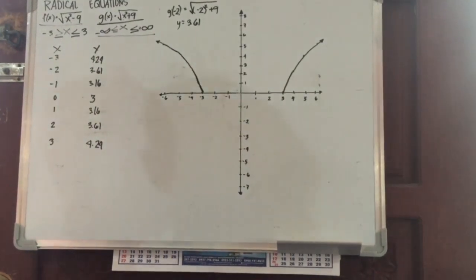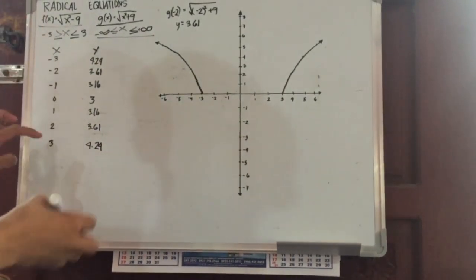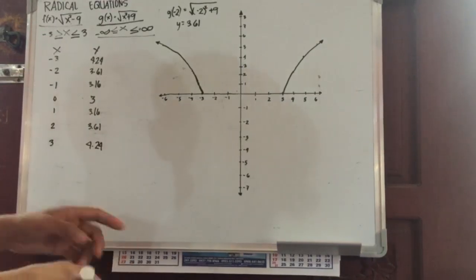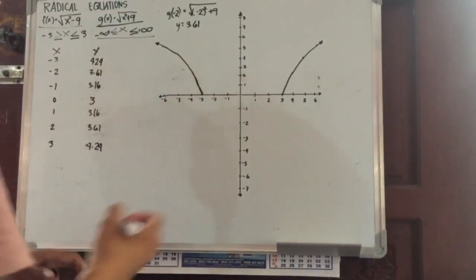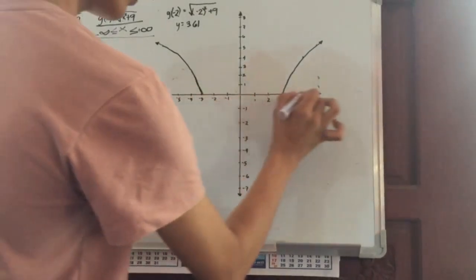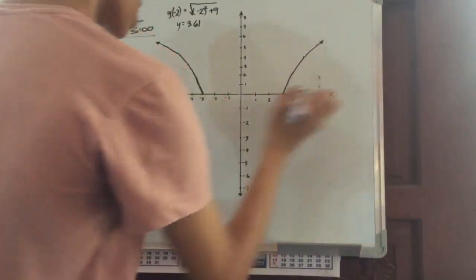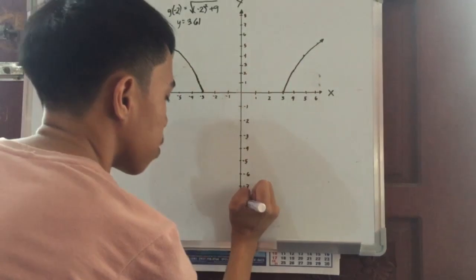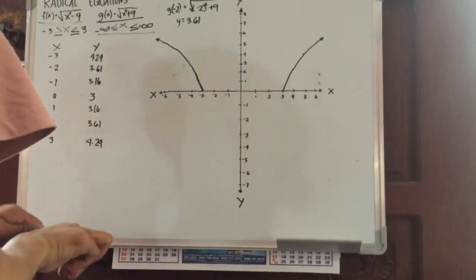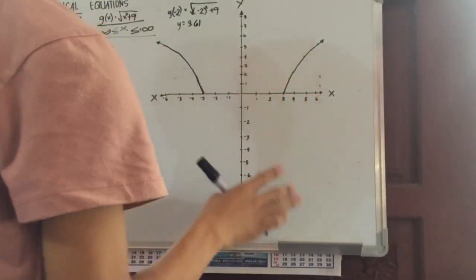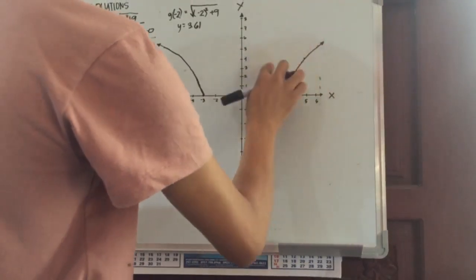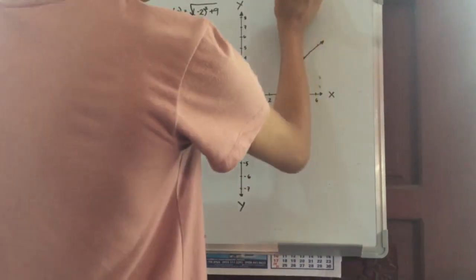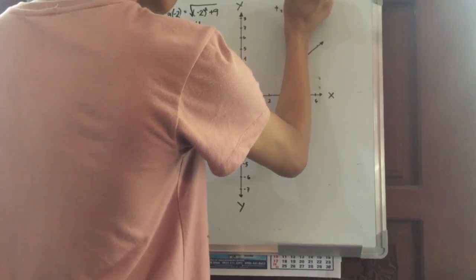The next thing we need to do is plot our ordered pairs on the Cartesian plane. By the way, always remember that this one is our x-intercept and this one is our y-intercept. This is the first quadrant, which is positive and positive.